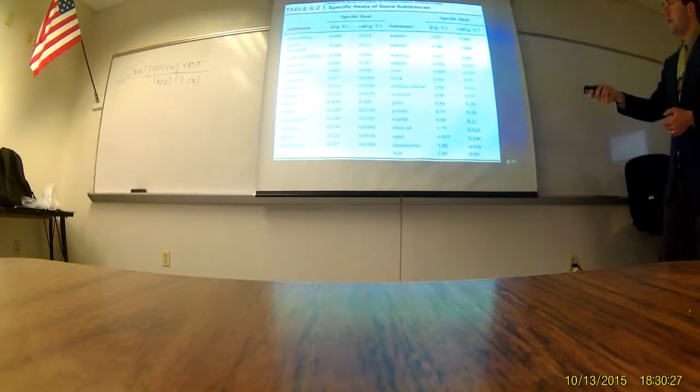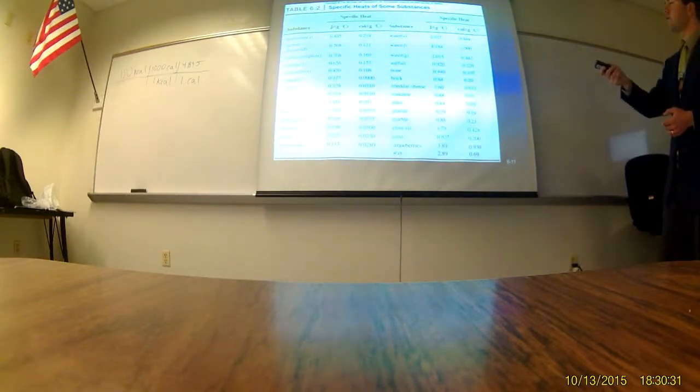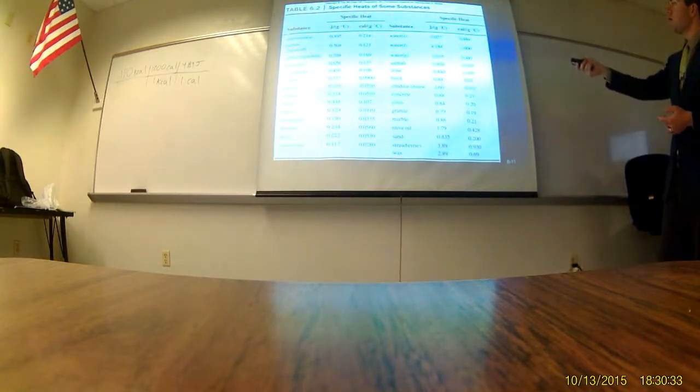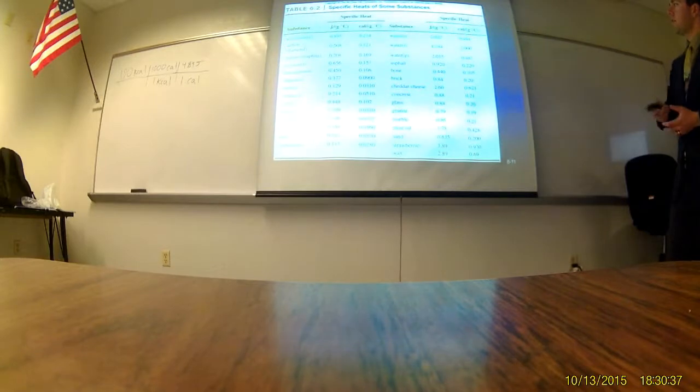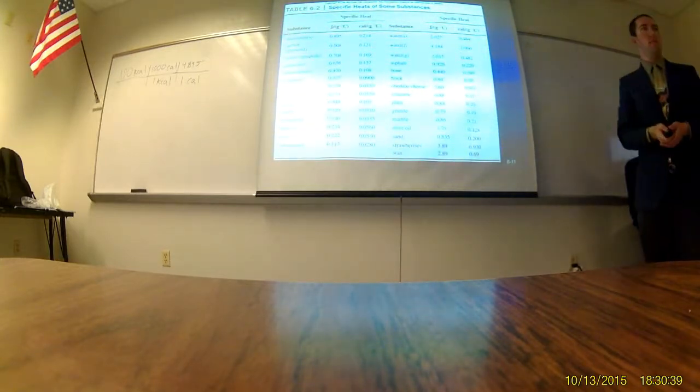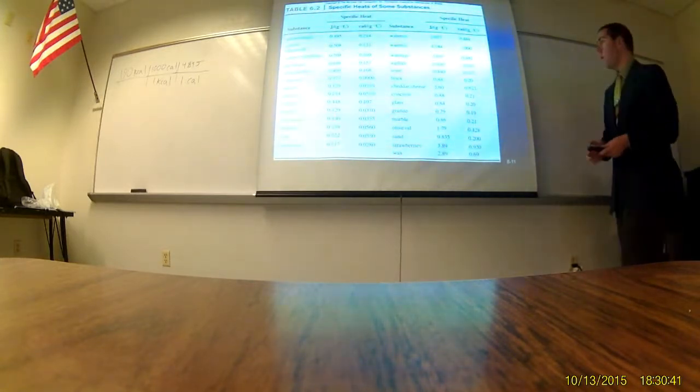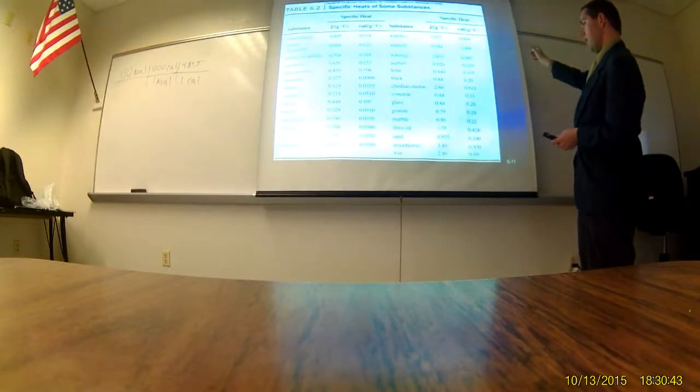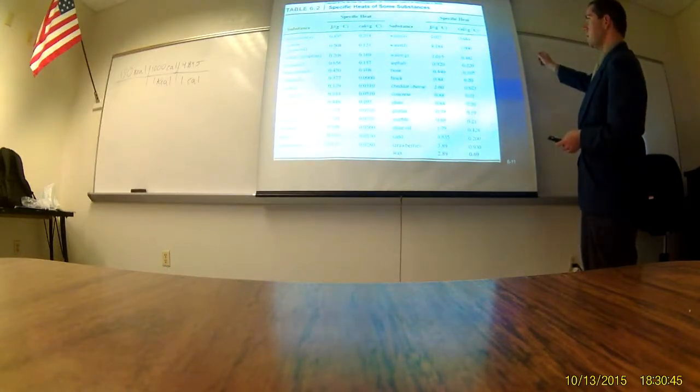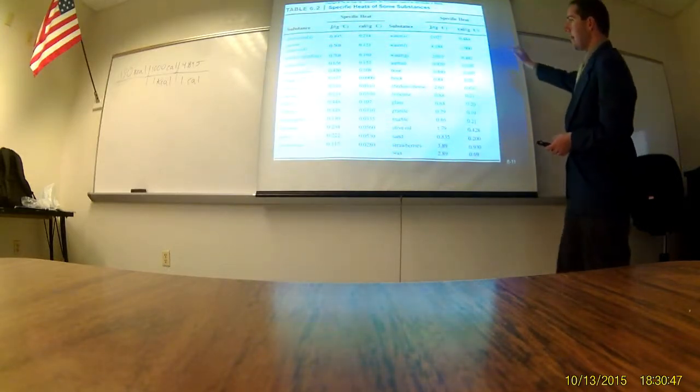There's gold, that's really low, 0.129 versus almost 0.9. Water is 2 as ice. Liquid water is really high, right? I think liquid water is the highest thing on here, right?